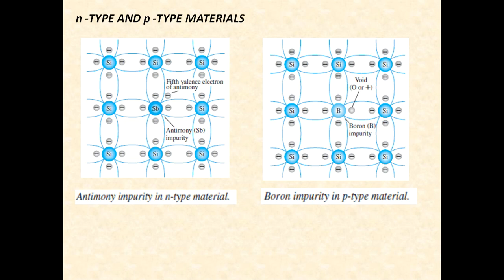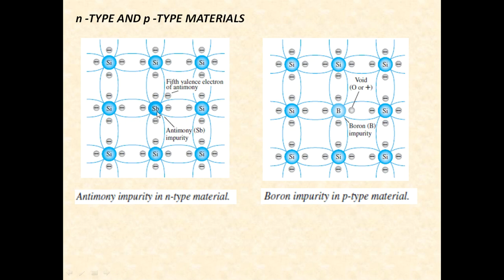Whenever we dope any intrinsic material, it becomes extrinsic, and the main advantage of doping is that it improves the conductivity of the overall semiconductor material. Now let's very quickly look at the first diagram. What is being done here?